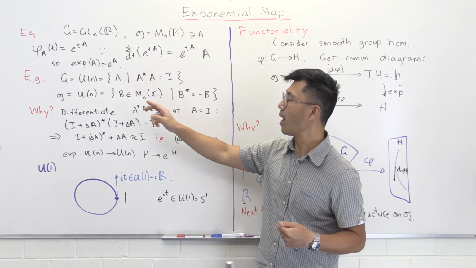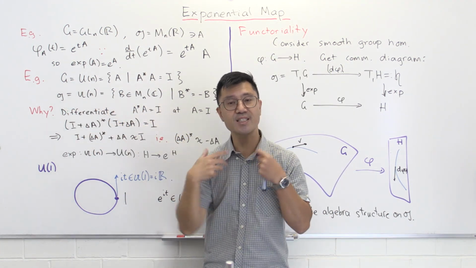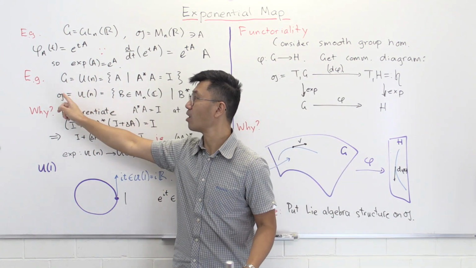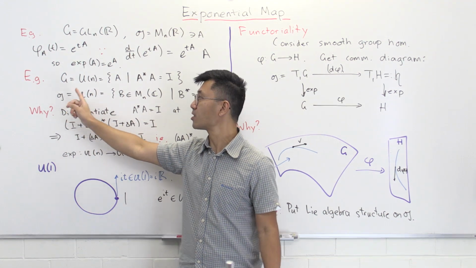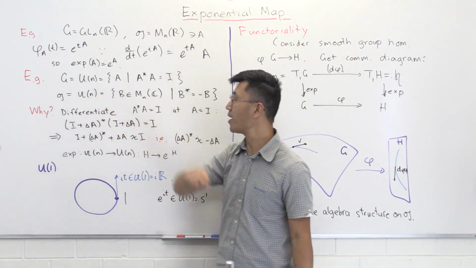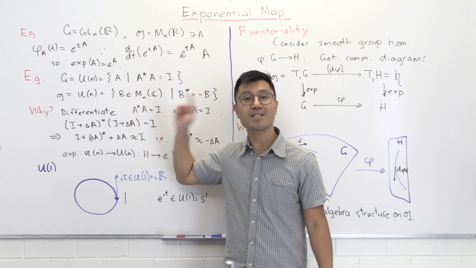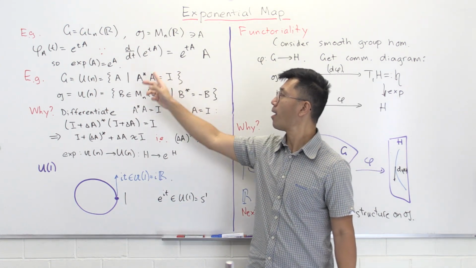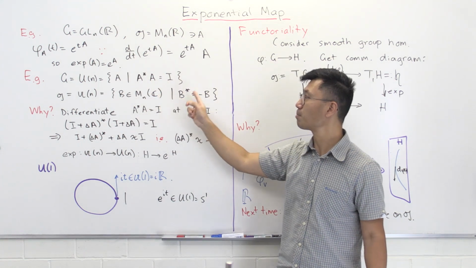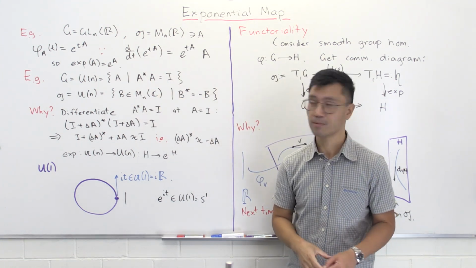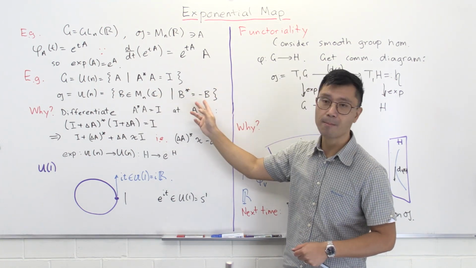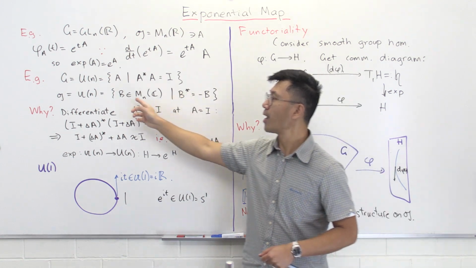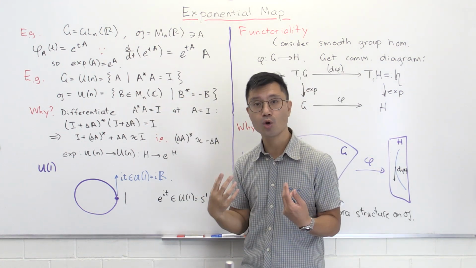So what's happening here? Well, we want to look at the tangent space to the identity of this group, and that's denoted by this Gothic u(n). And I claim it's just all those n by n complex matrices B which satisfy, essentially from the derivative of this, B* = -B. What does that mean? Basically, these are all the n by n matrices which are skew-Hermitian.